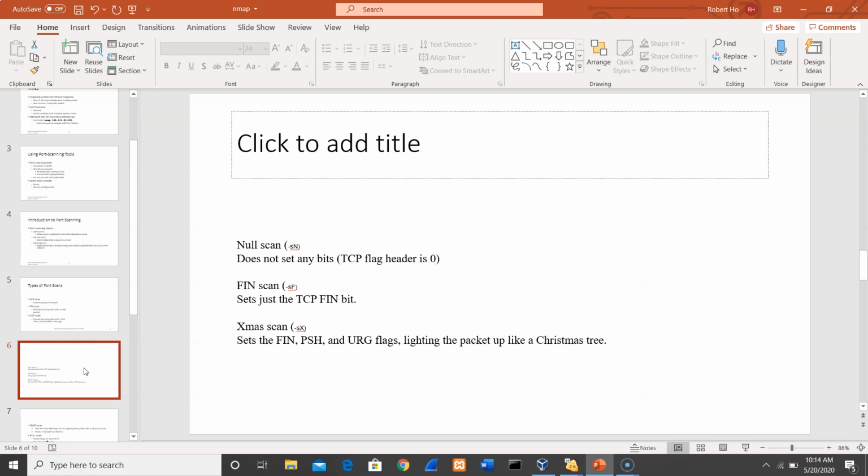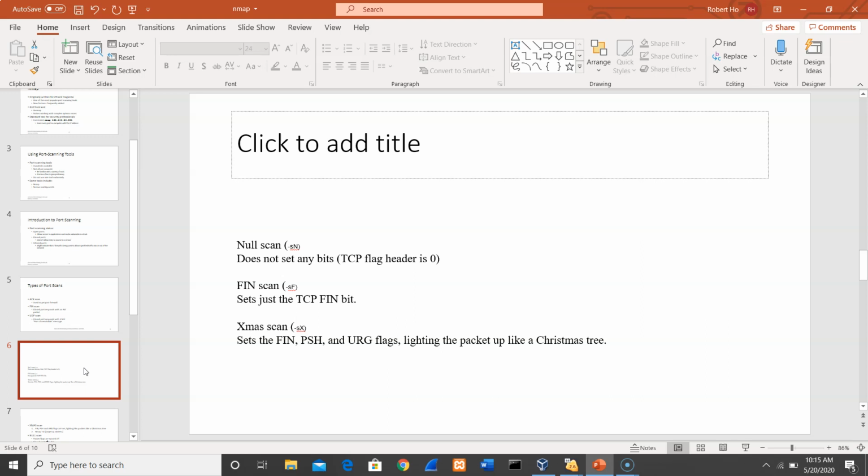Basically, the scan does not set any bits, which means the TCP flag header is 0. That is Nmap -sN. Another one is the FIN scan, which is -sF with uppercase F, and sets just the TCP FIN bit.